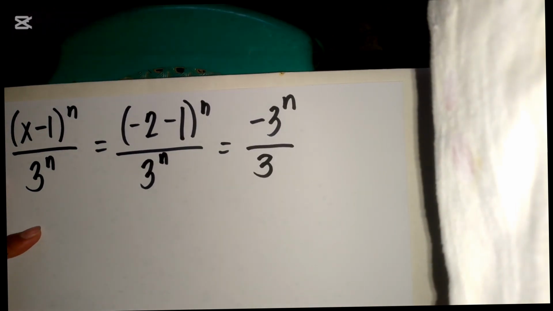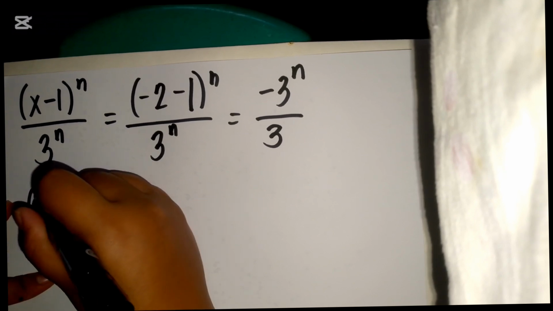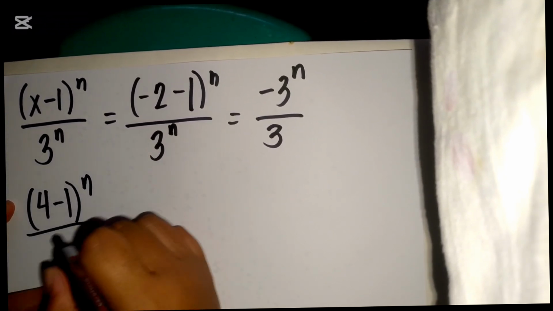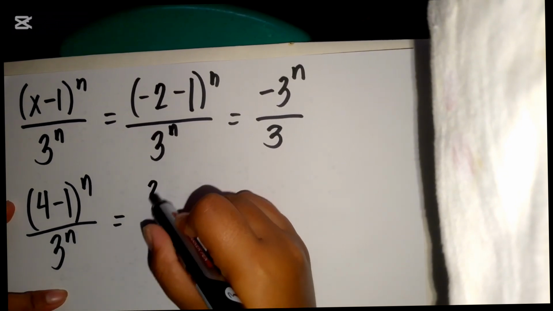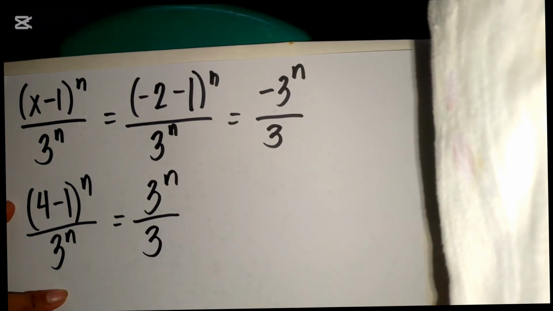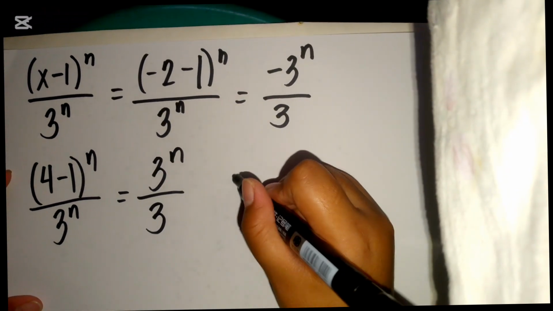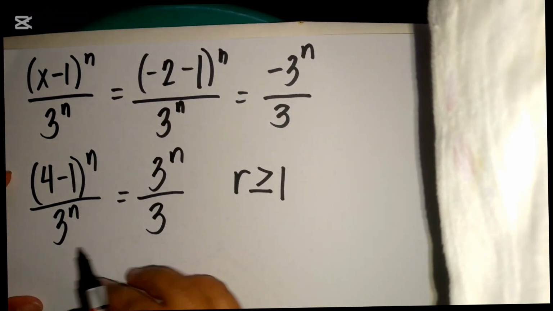Next one is the other endpoint of the interval, which is 4, and it will be substituted into the given. So we will have (4 minus 1) raised to n over 3 raised to n, and it results also in 3 raised to n over 3 raised to n, which gives us a ratio greater than or equal to 1.